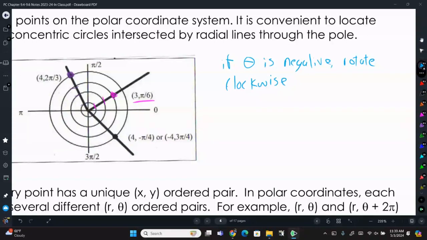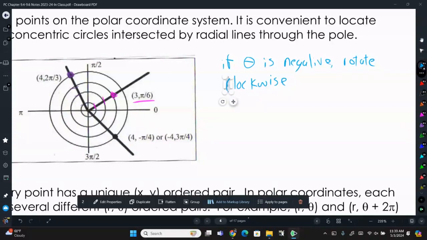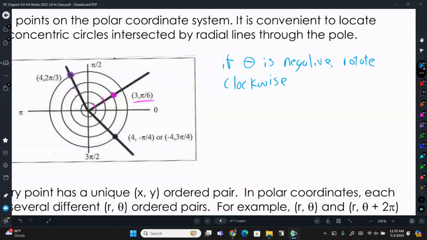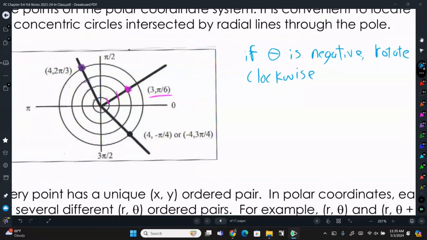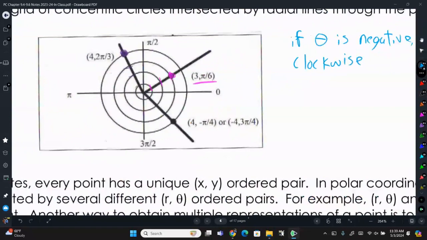And we've done that before when we first learned about radian and angle measures. We rotated clockwise for negative angle measures. So like this third point down here, 4 comma negative pi over 4. So we went pi over 4 clockwise, and then 1, 2, 3, 4 units out, and that would be this point.